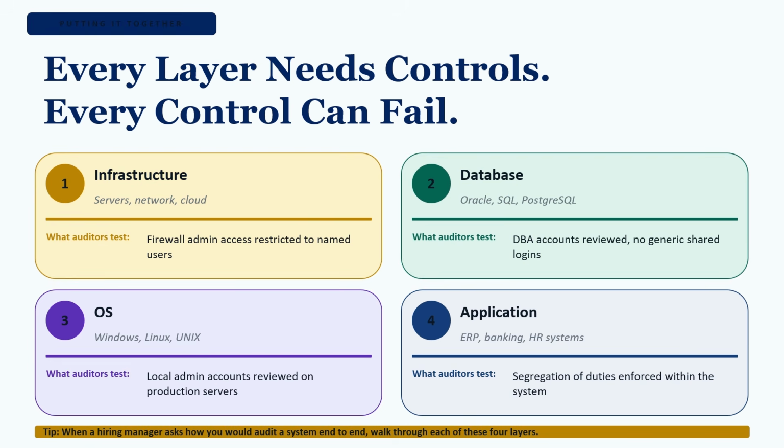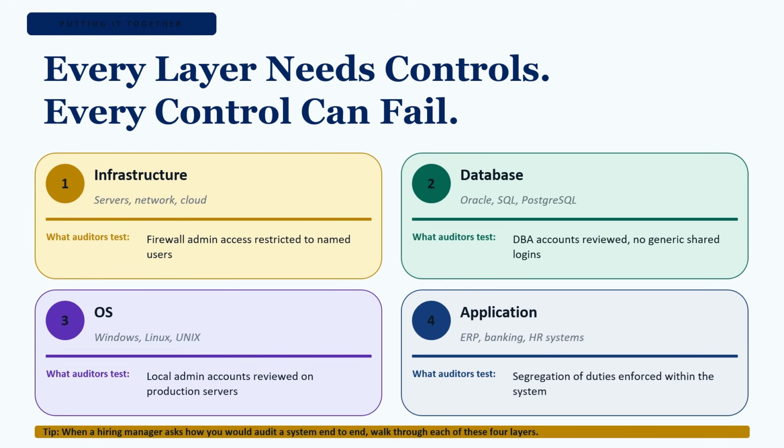We test firewall admin access restriction, and whether the infrastructure itself is hardened and patched. And then database is where the data lives. Use this as your cheat sheet. Database is where the data lives, while operating system is what sits between the hardware and applications. And lastly, application is where the business processes actually happen.